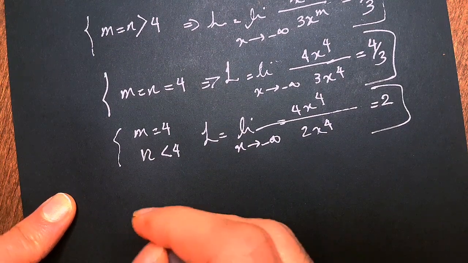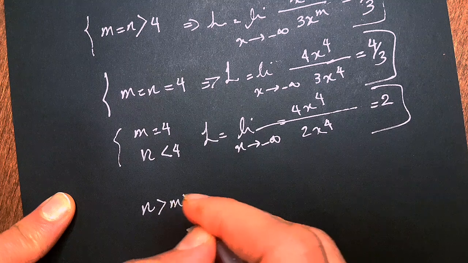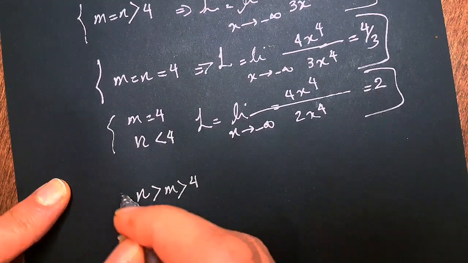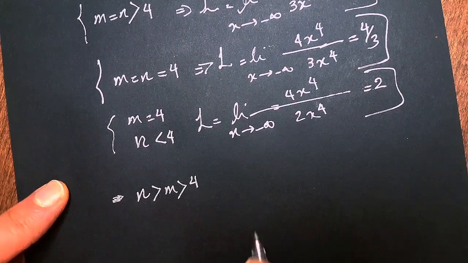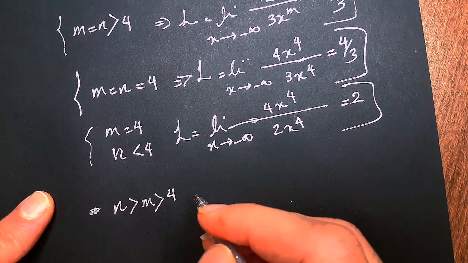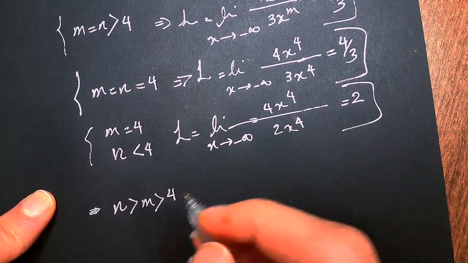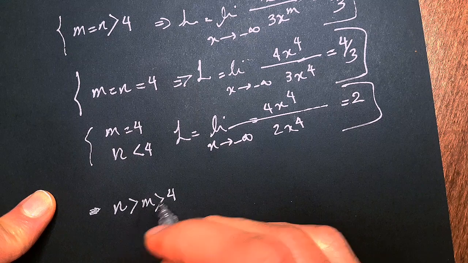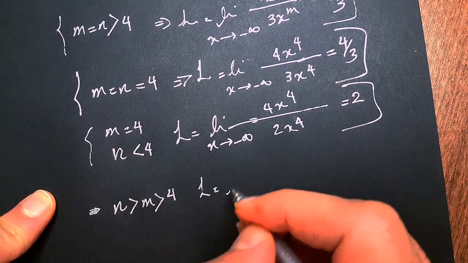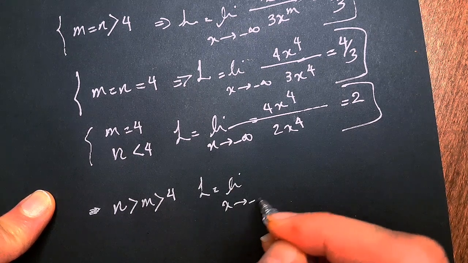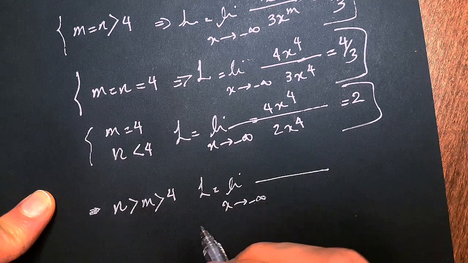So another case will be n more than m and both more than 4, right? If n is more than m and more than 4, then the limit will become the limit of x when it goes to minus infinity.